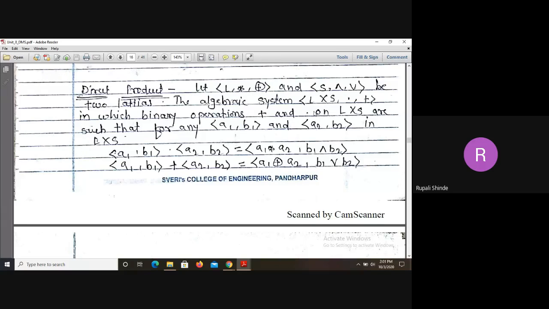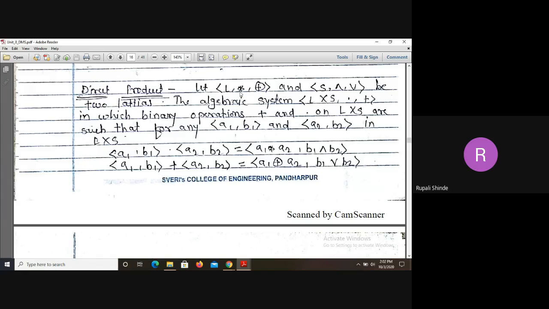Direct product is just like multiplication, and that is written here as L direct product S. If you consider any two sets of elements like A1, B1, A2, B2, and perform the dot operation on them, you will get elements that contain star and and operations.